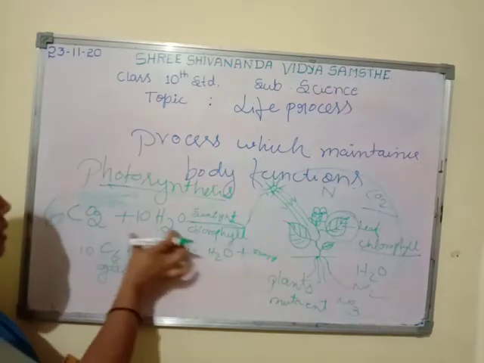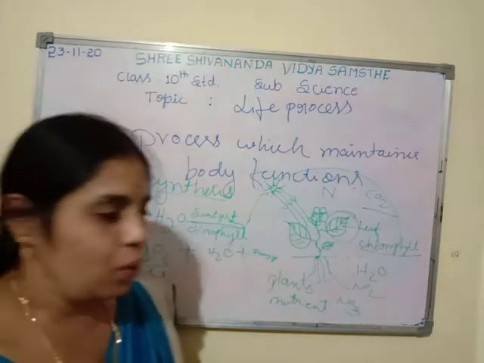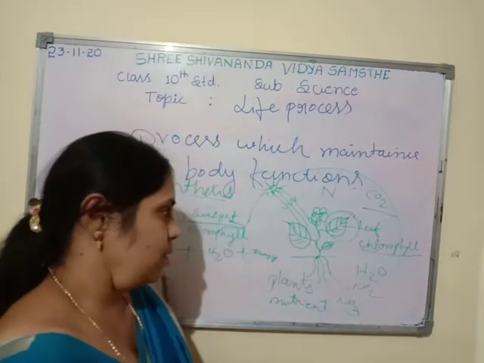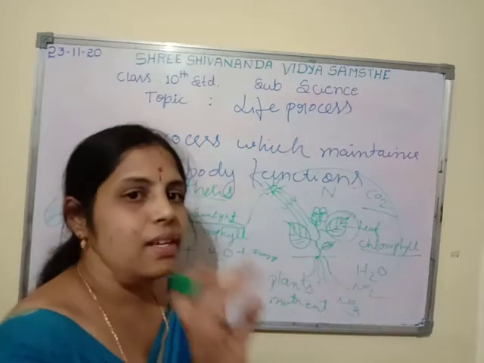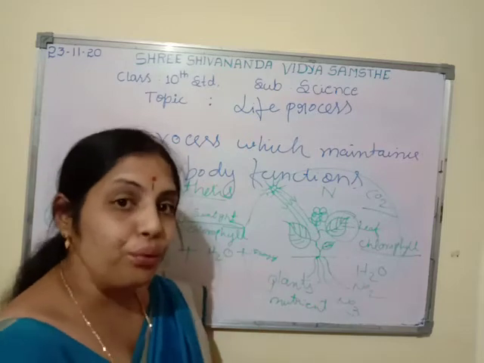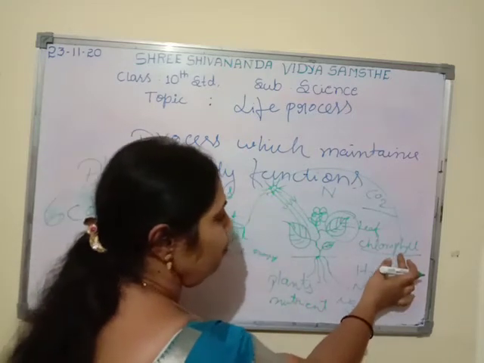So this is the equation of photosynthesis. I hope you understand. Any doubt here? So photosynthesis is a process where plants prepare their own food using sunlight in the presence of chlorophyll.